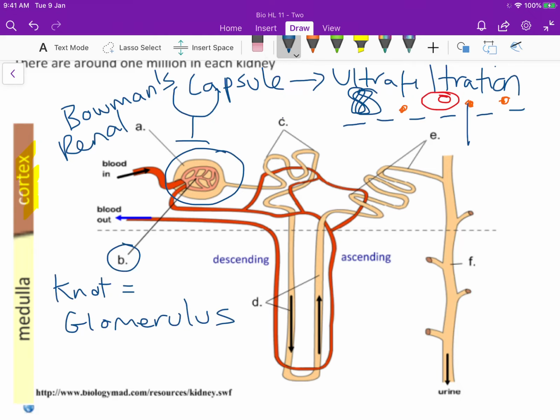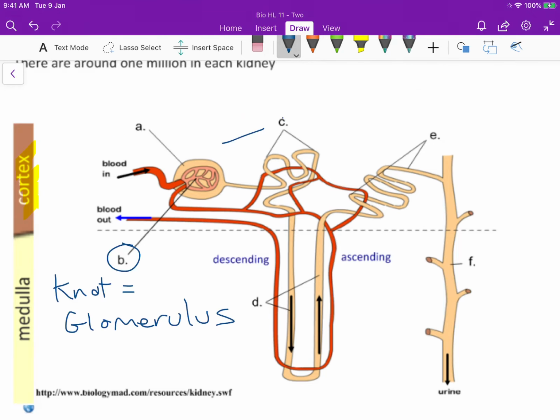Okay, up to C, we can see that this is quite near to Bowman's capsule. And the word in biology for near, if you are nearby, then you are proximal.